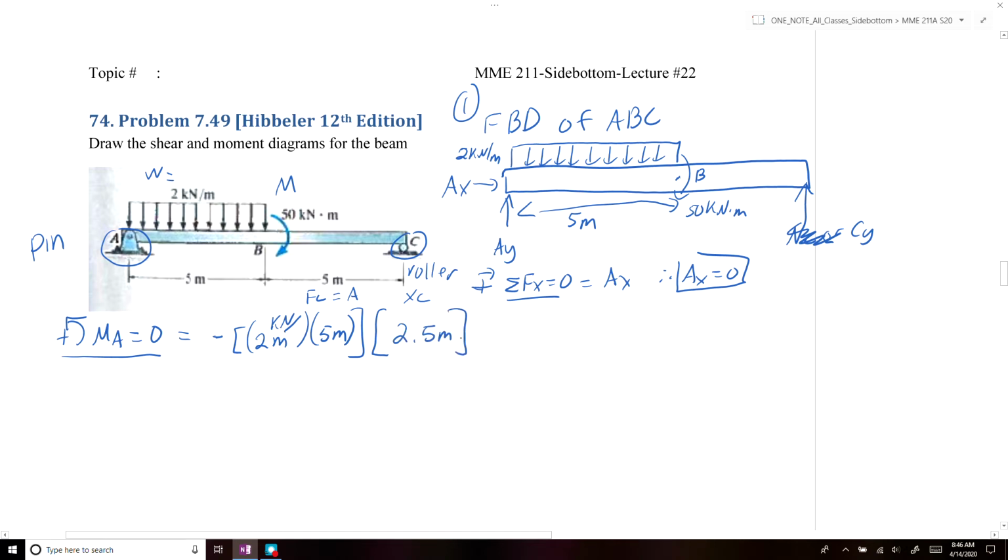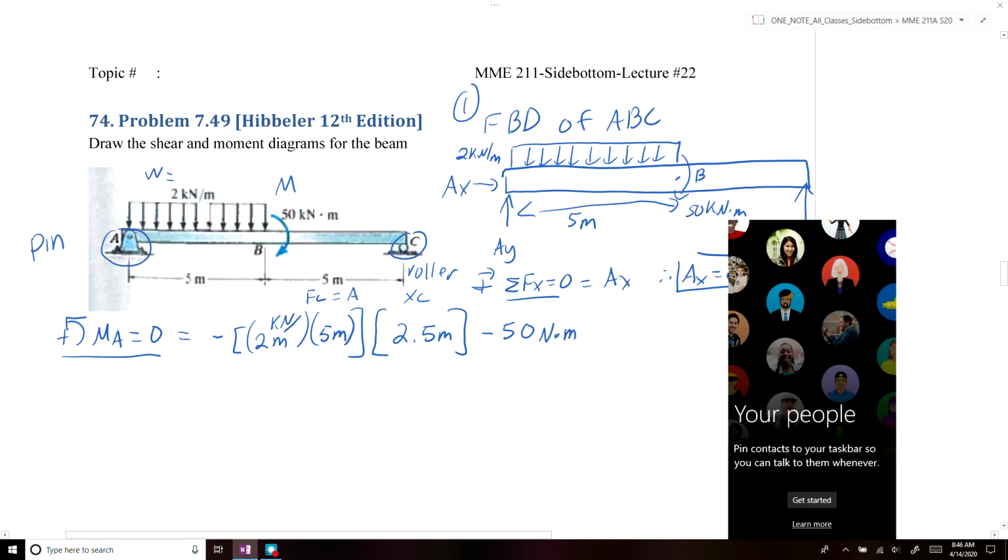Alright. And then we have to add the effect of the couple moment. So the couple moment is equal to 50 kilonewton meters, and it's rotating clockwise, so it'd be negative. So we have to add the negative 50 kilonewton meters to our summation.